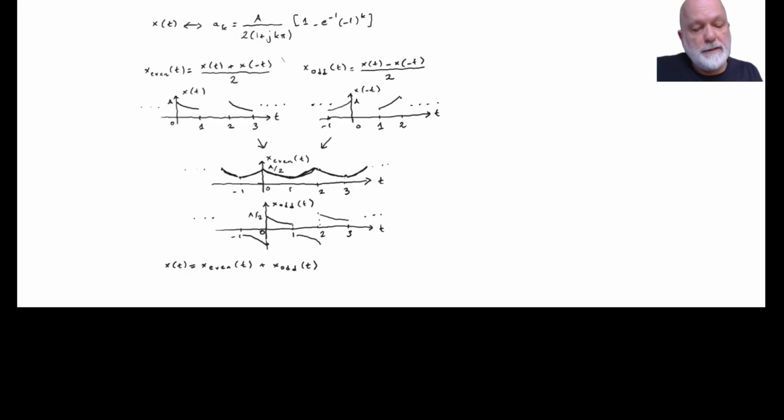Okay, let us do it here. x even of t will also be periodic with Fourier series coefficients equal to the real part of a_k, and the odd part of x of t will have the Fourier series coefficients j times the imaginary part of a_k. Okay, this is valid, of course, only for real valued signals.